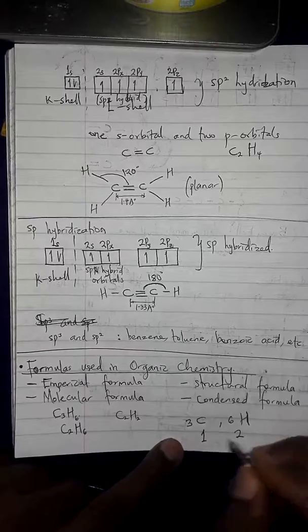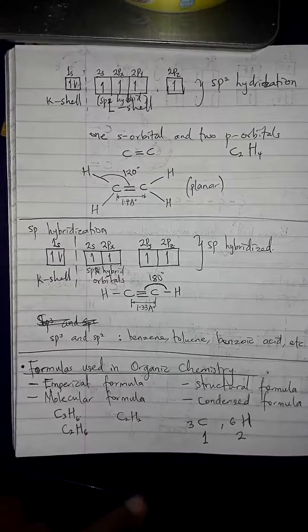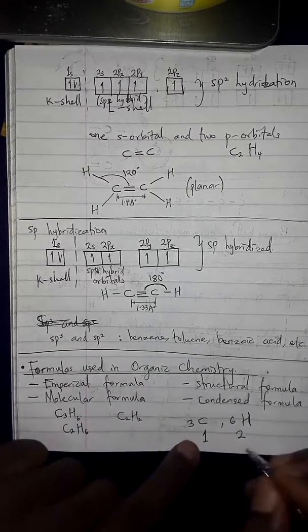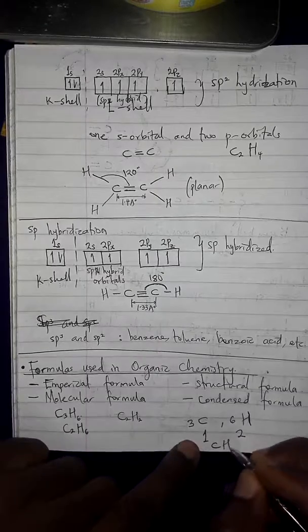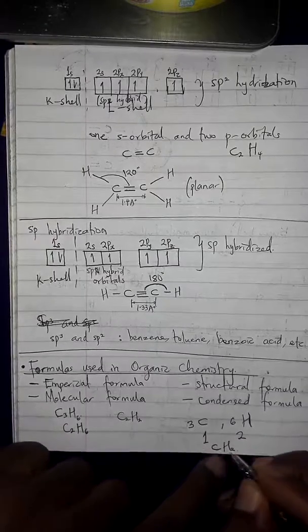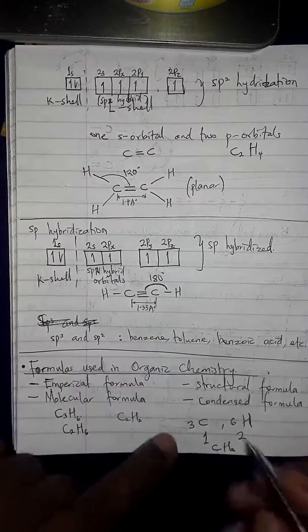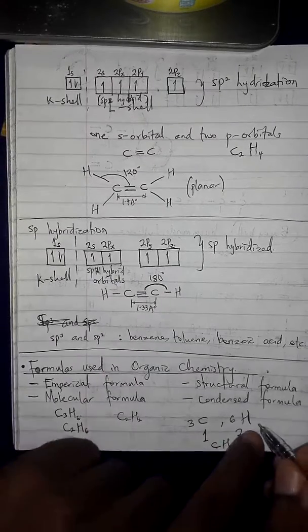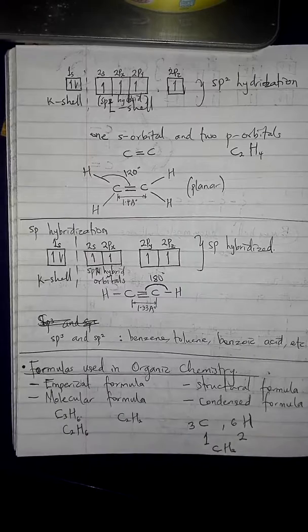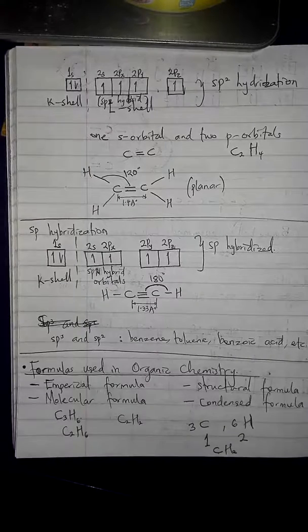So the empirical formula for this compound is simply CH2, 1 of carbon to 2 of hydrogen. That is why 3 of carbon will need 6 of hydrogen. It shows the simplest ratio of combination. It is not the actual ratio of combination, it just shows the simplest ratio of combination.